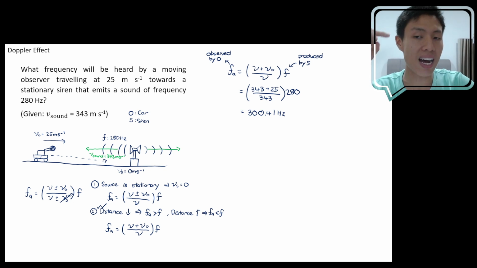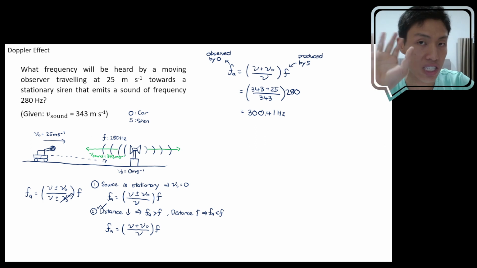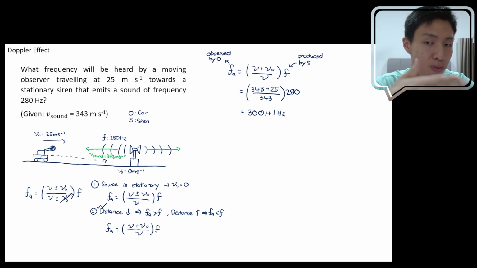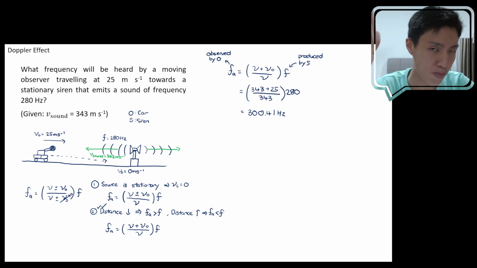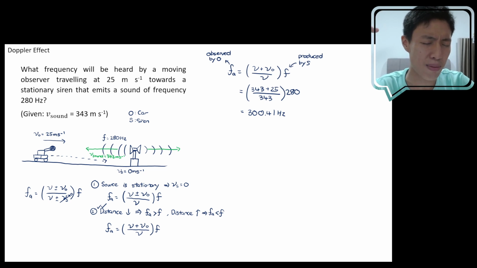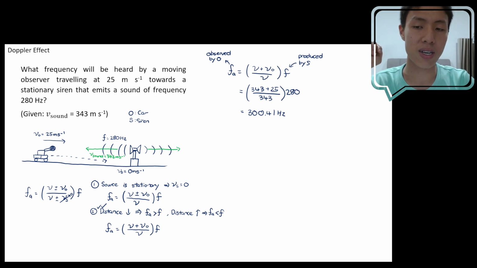The pitch is higher than what is produced by the sound source, but it's a higher constant pitch. It's not changing. It's not getting more and more sharp. It's the same pitch, just higher than the frequency produced by the siren.